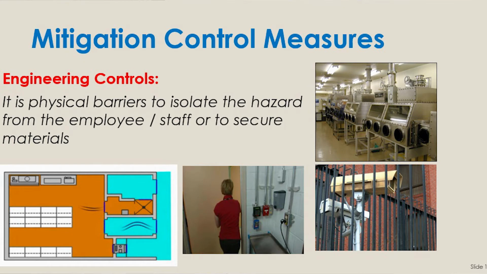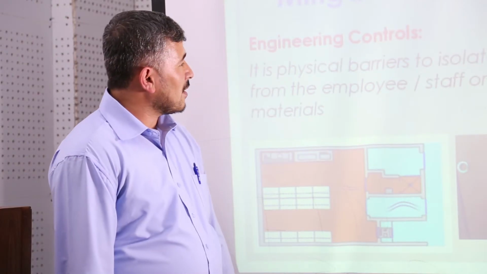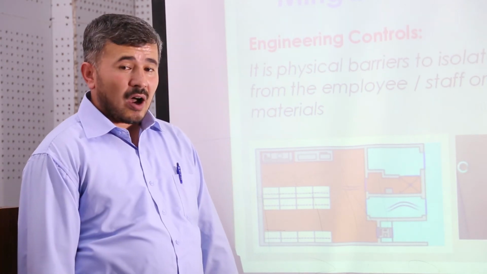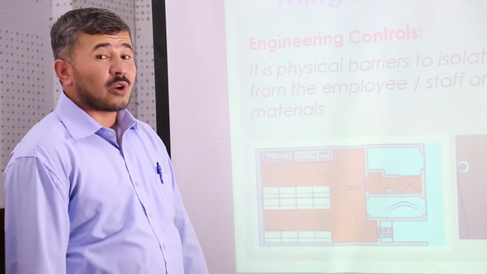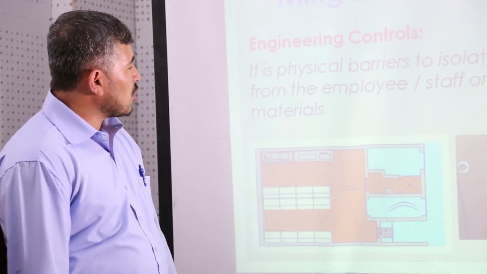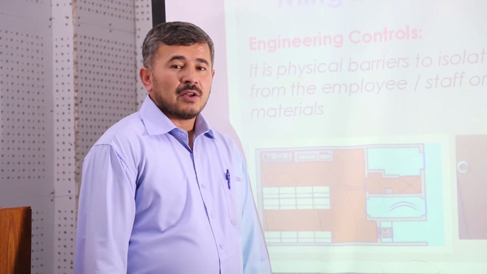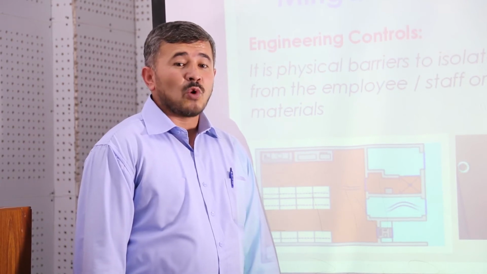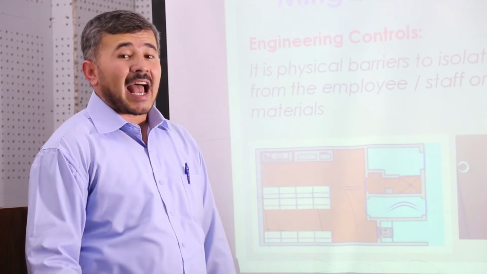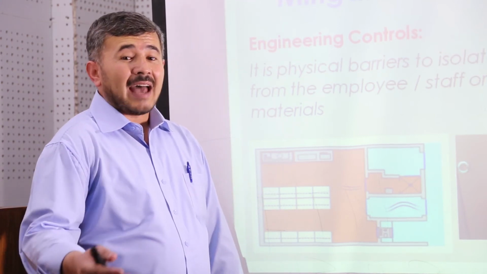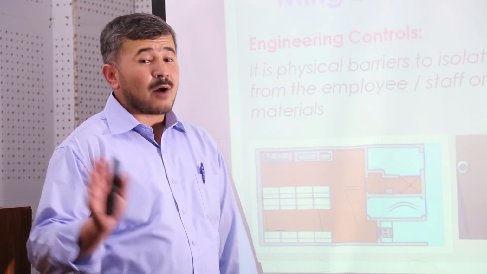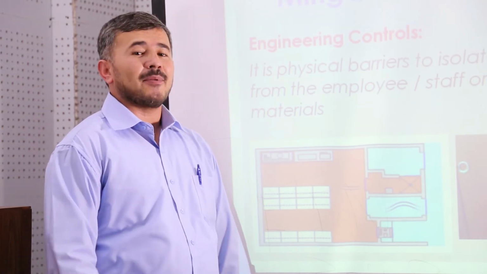Another strategy, engineering control. It is a physical barrier to isolate the hazard or threat from the employee or staff, or to secure materials. So here we can do anything to make a barrier between the lab staff and the biohazard, or between the people outside the lab and the lab.